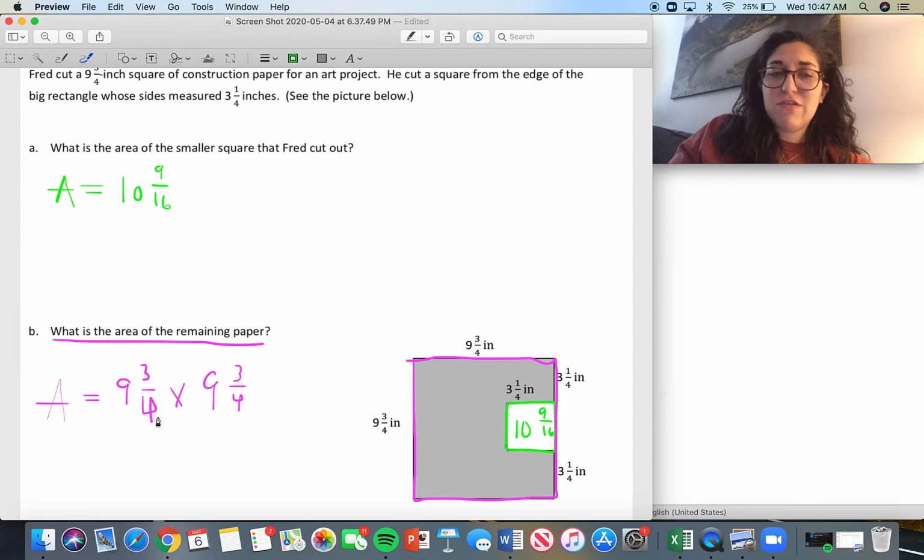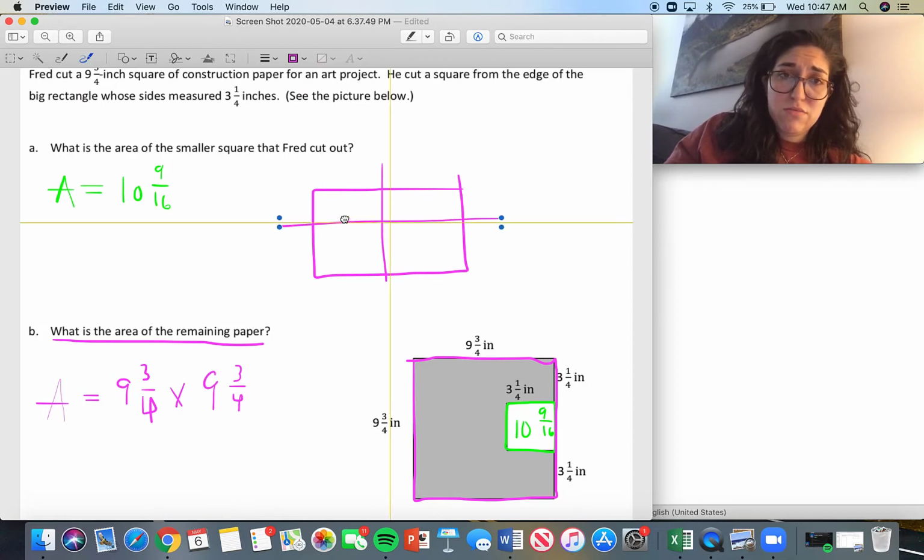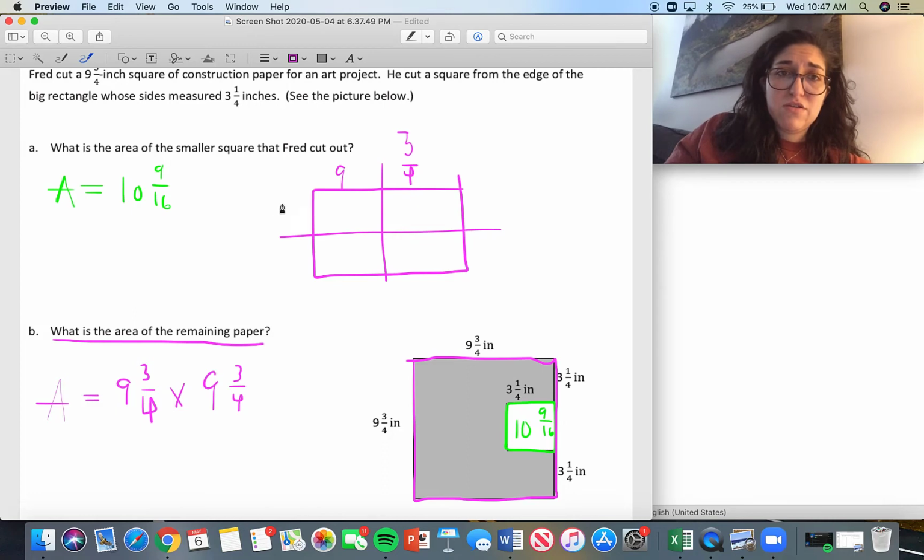So let's do that. Let's find the area of the entire square, including this area here. So 9 3/4 times 9 3/4. I'm going to do it in my pink so we keep our colors consistent. 9 times 9 is 81. 9 times 3/4, well, that's 3/4 nine times.